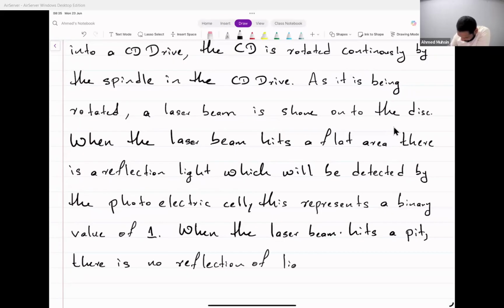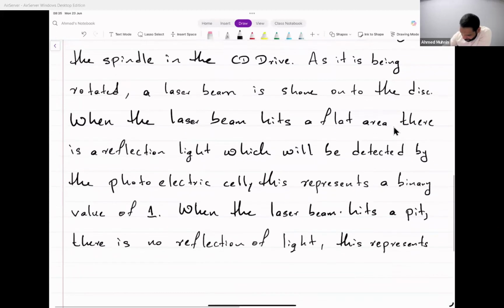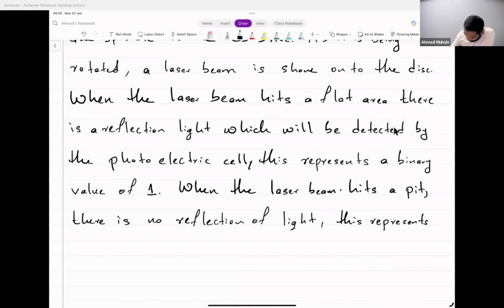This represents a binary value of 0. Okay?